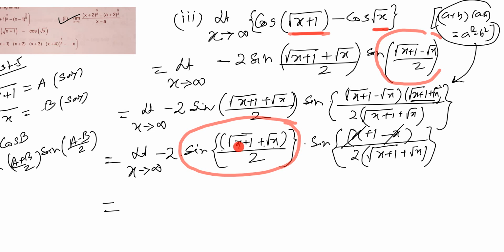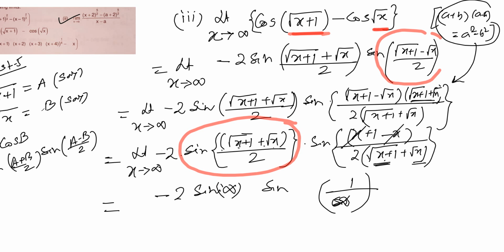That means if you put infinity in this case and over here, the total thing becomes sin infinity. So this becomes minus 2 into sin infinity. And here, if you put infinity in place of x, what comes? It is 1 by these things, that means this also gives sin of 1 by infinity, because if you put infinity and infinity over here, the total thing becomes 0. Then sin of 0, this expression becomes 0.